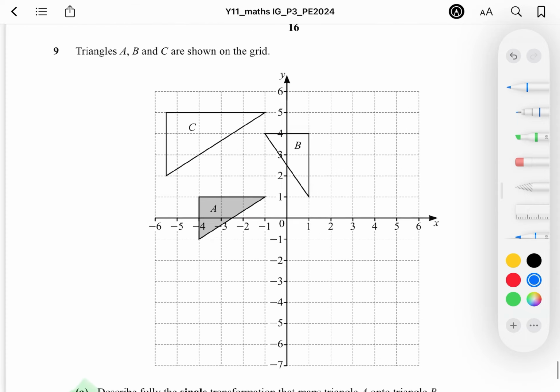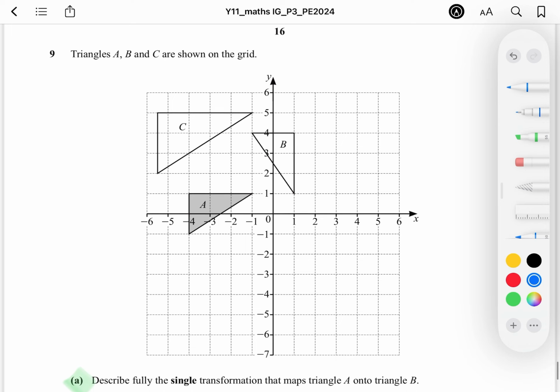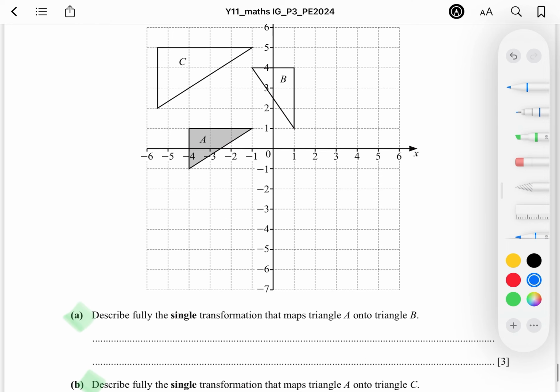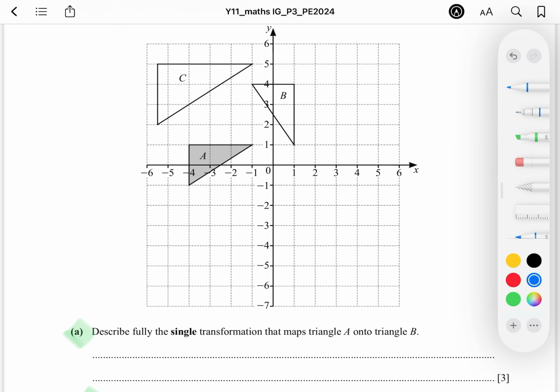Next question here. This is on transformation. You've got the triangles there. Describe fully the single transformation that maps triangle A onto triangle B. So this is A here, this is B here. Definitely not enlargement because it's not getting bigger.